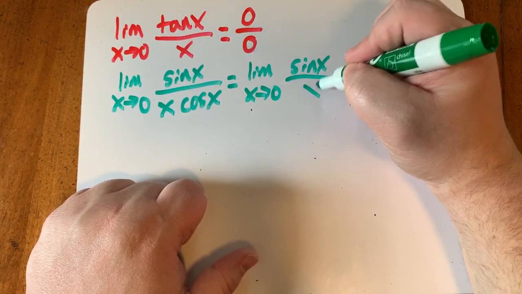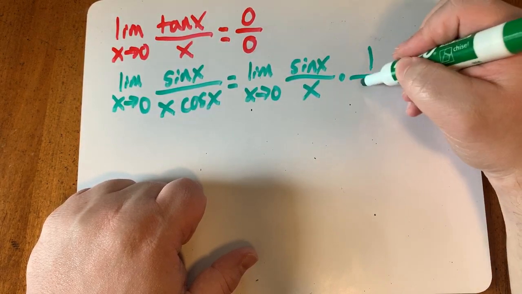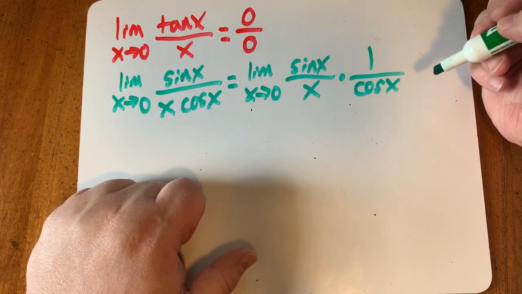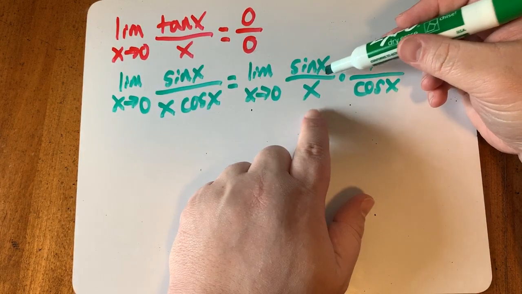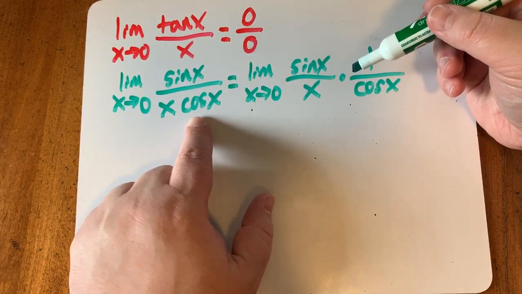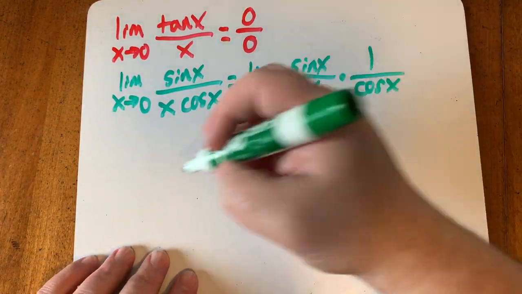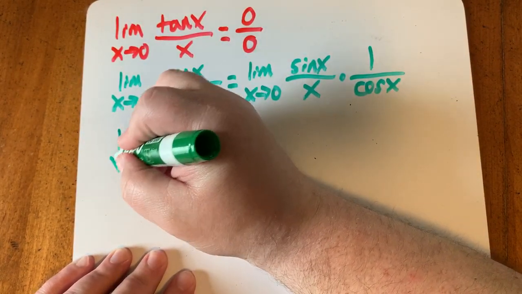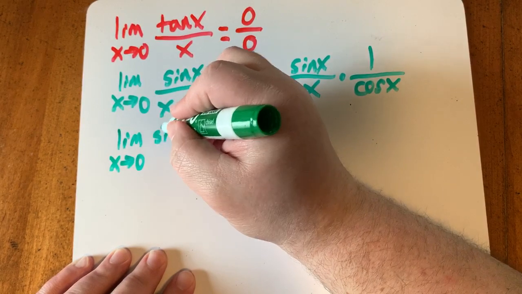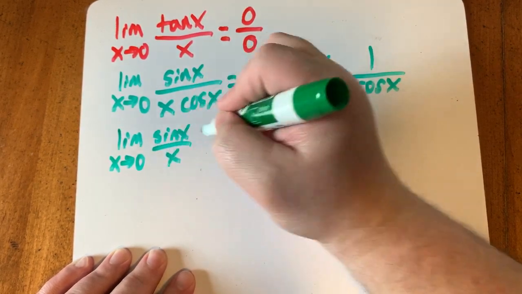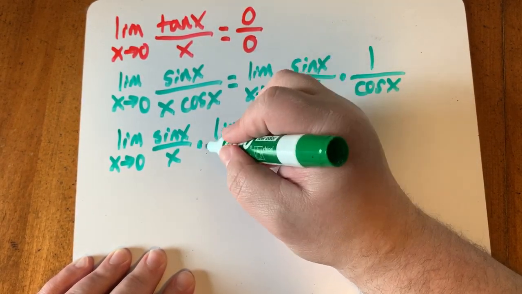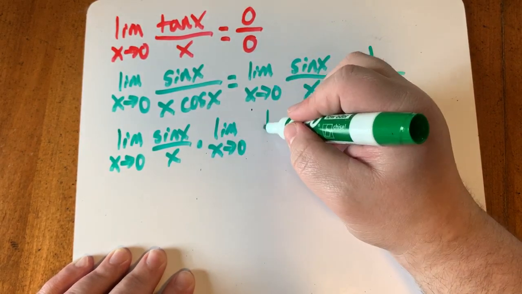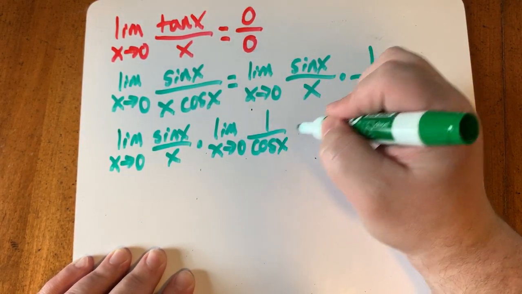So that's sine of x over x times 1 over cosine of x. And if we multiply those out, we would just produce the original. And we have a limit of a product, so we can treat it as a product of the limits. The limit as x approaches 0 of sine of x over x times the limit as x approaches 0 of 1 over cosine of x.